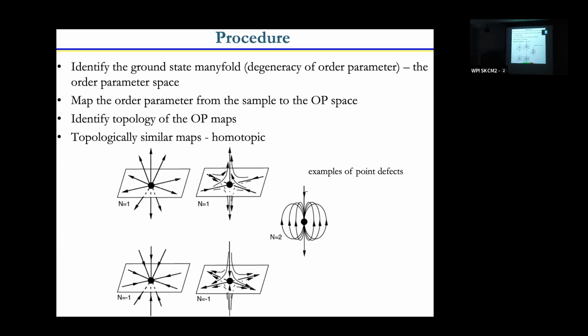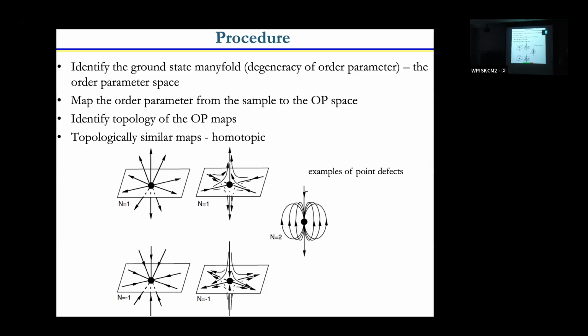We identify the ground state manifold, or degeneracy of the order parameter space, of the particular physical system. For example, you can have different types of magnets. You could have magnets where spins can only point up and down, and then you would characterize them with what type of sphere or what type of order parameter space.